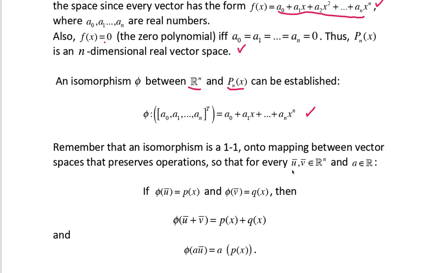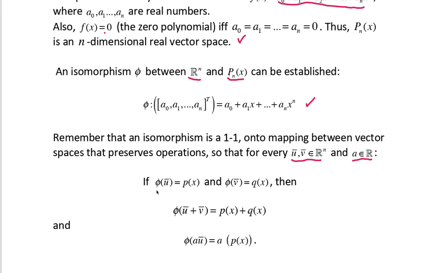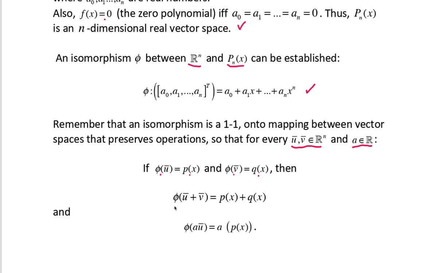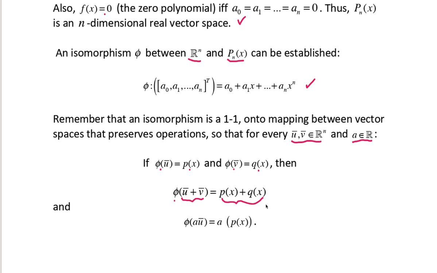Okay, so for every vector u and v in R^n and scalar a, we've got the following. Under phi here, if phi of u bar is p of x, some polynomial of x, right, and phi of v bar is q of x, then you can see what is true here, that phi of the sum of the two vectors in R^n would just end up getting mapped to the sum of the p and the q polynomials.